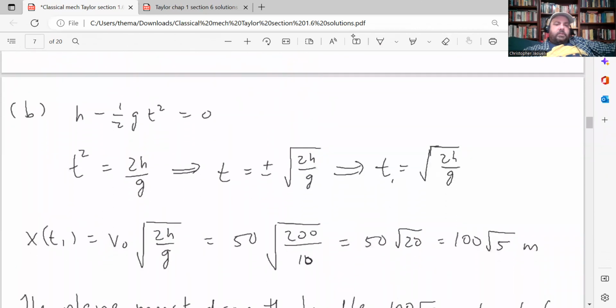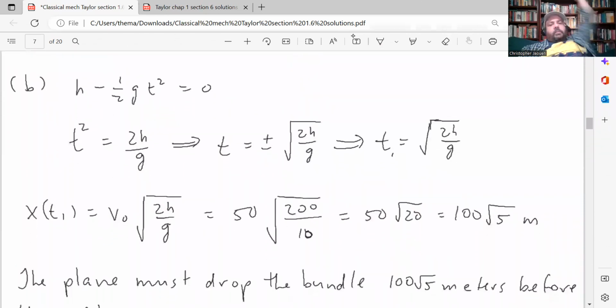Solve that down here. Okay, so to figure out the time that it would hit the ground, we set the y coordinate equal to 0. So h minus 1/2 g t squared equals 0. Solve that for t. We get a plus and minus, but again, t is positive because we're starting our clock when we drop the package. So the time it takes for the package to hit the ground is square root of 2h over g.